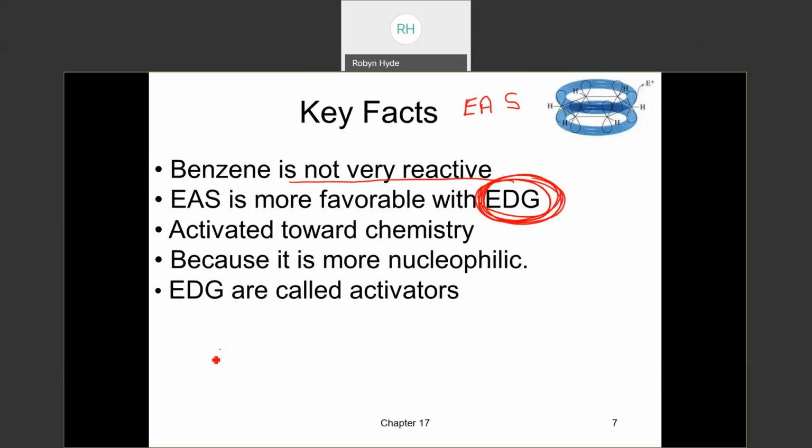If we have an electron donating group that activates the benzene ring to do additional chemistry. And that is because if I have this donator is pushing extra electron density into the ring. That makes the ring more nucleophilic, and therefore that makes it more reactive.